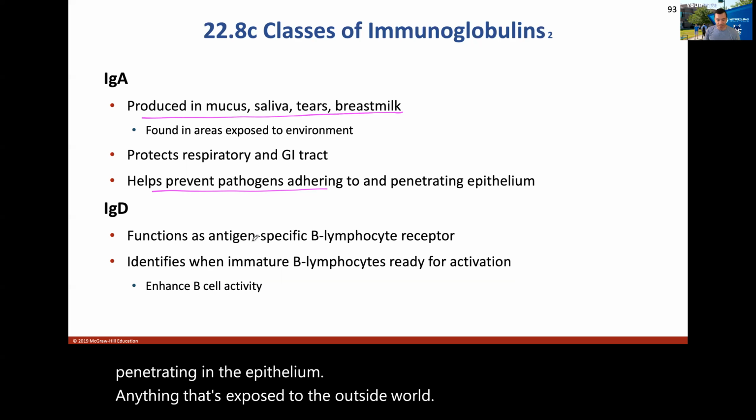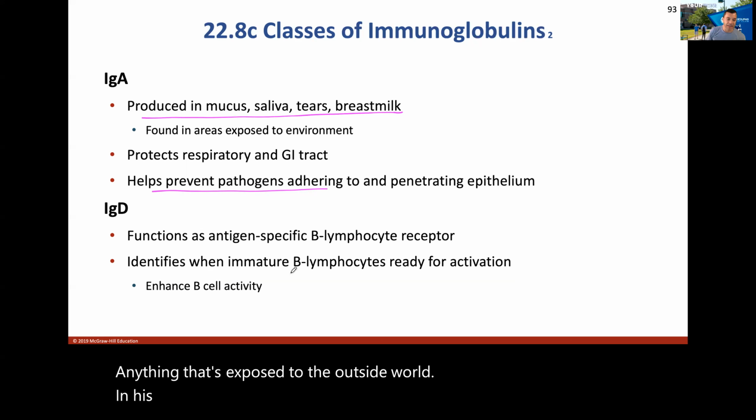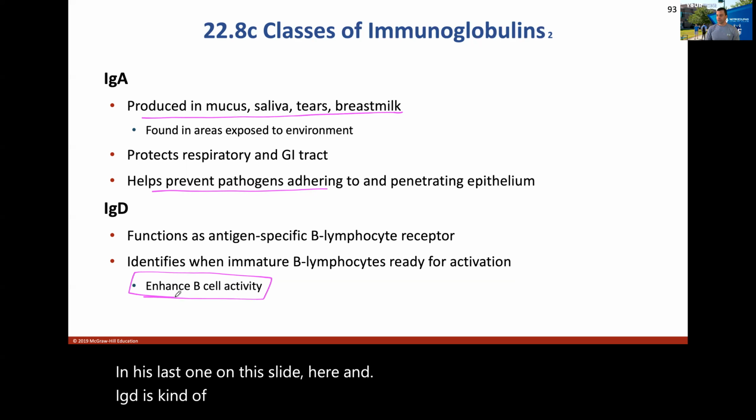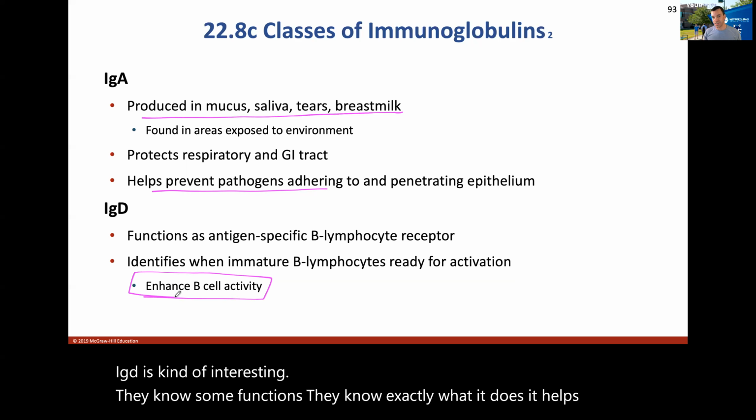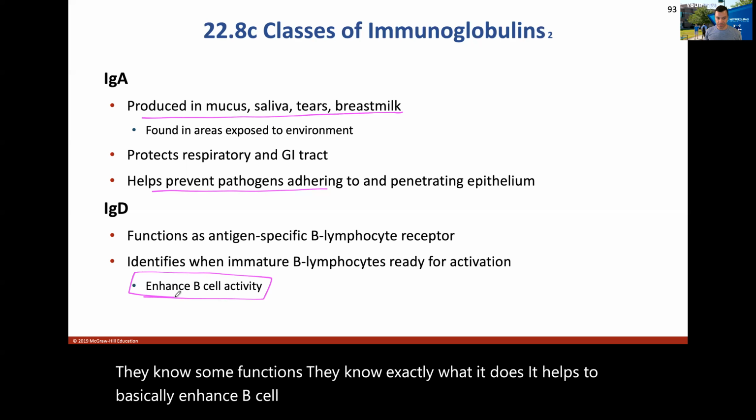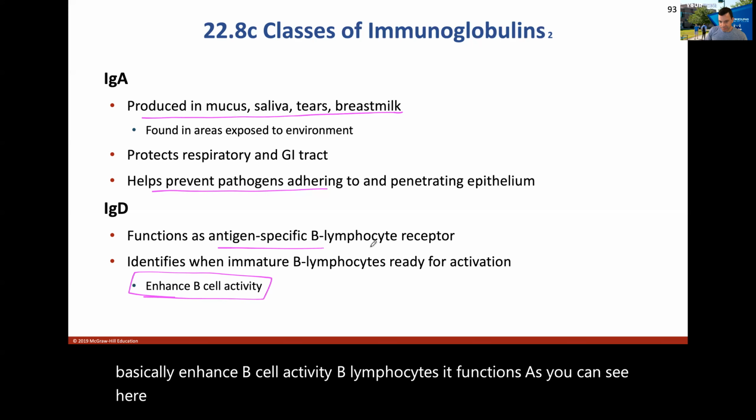IgD is the last one on this slide here. IgD is kind of interesting. They know some functions. It helps to enhance B cell activity, B lymphocytes. It functions, as you can see here, as a B lymphocyte receptor.